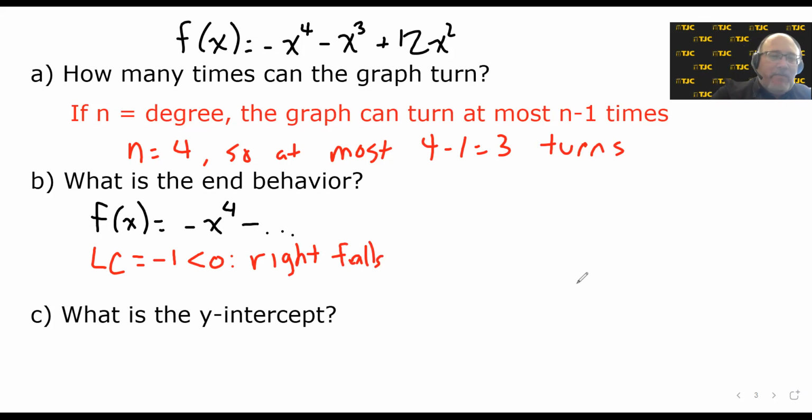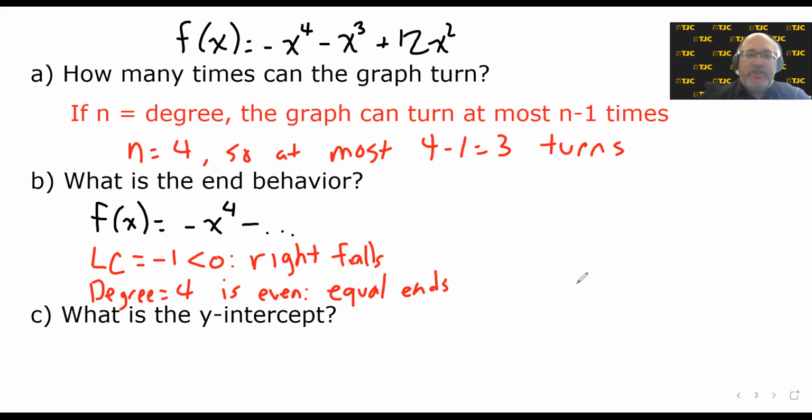And the degree, which is 4, is even. That means that we have equal ends. So what does this mean in terms of the end behavior?